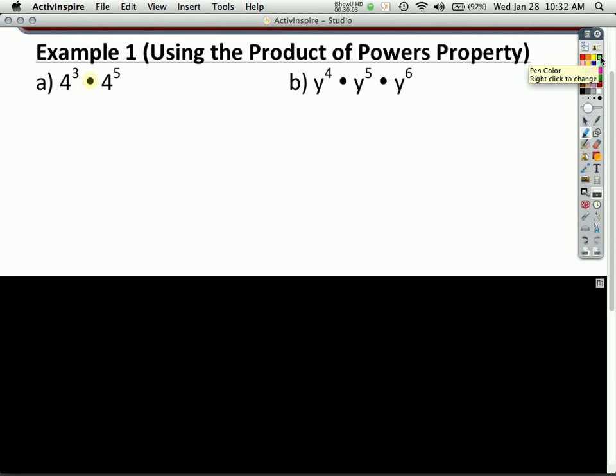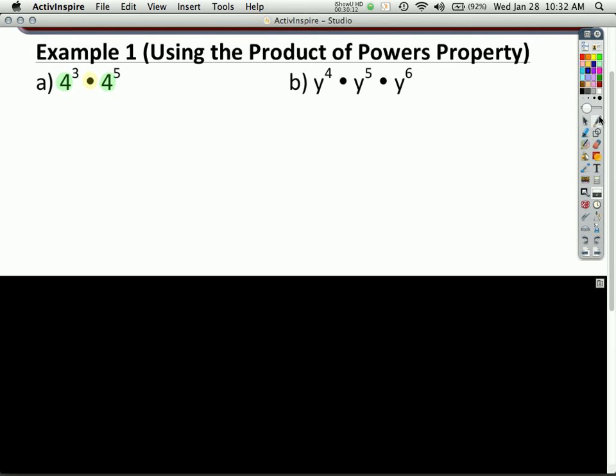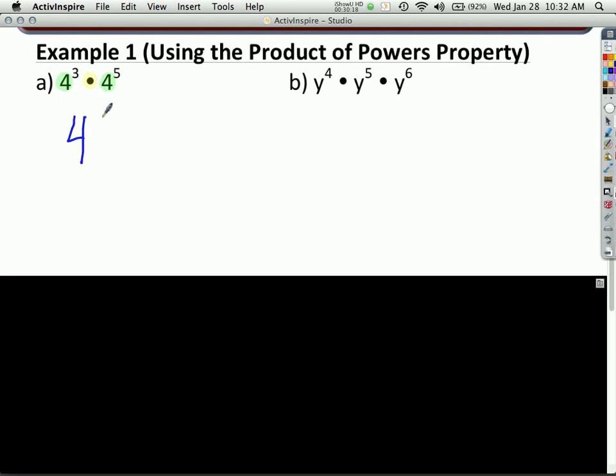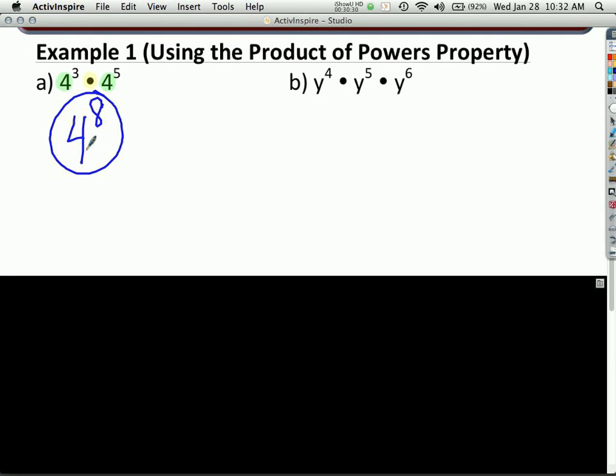Second, do they have the same base? Yes, they do. Now you can write it using the property. 4 to the third times 4 to the fifth will be 4 to the 3 plus 5. But we don't need to write that because we can do that mentally. And so it's 4 to the 8th power.